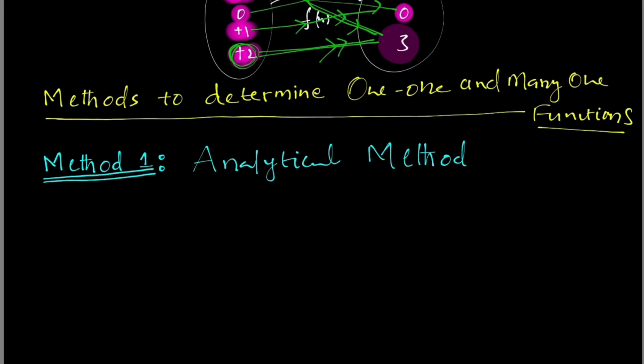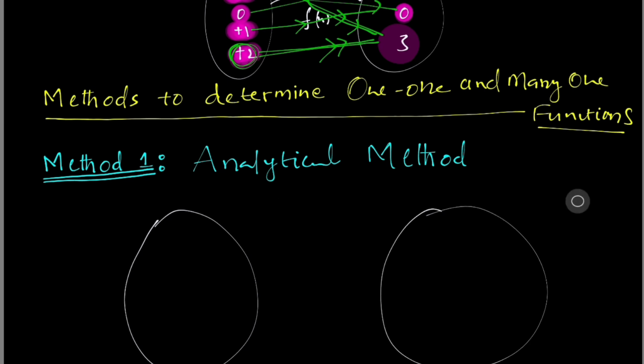First of all, let me take up two sets which are having inputs x1, x2, and so on xn, and the outputs are f of x1, f of x2, and so on f of xn.